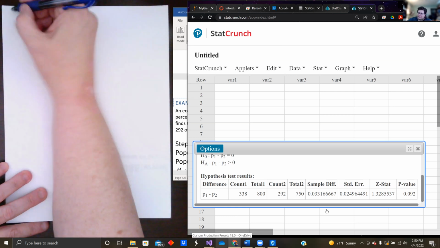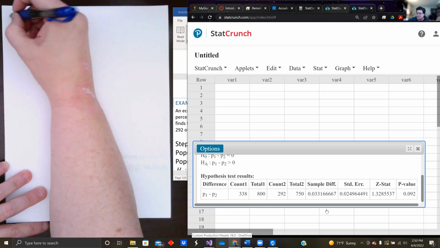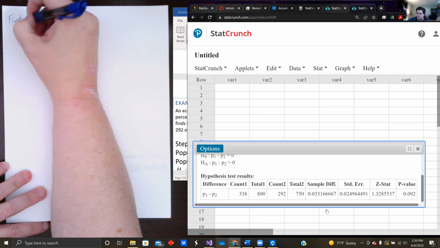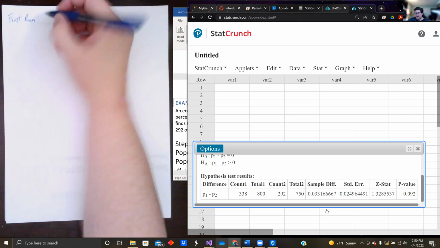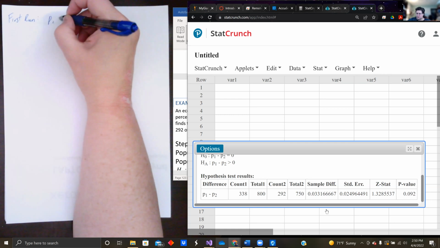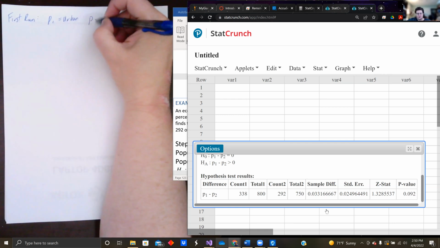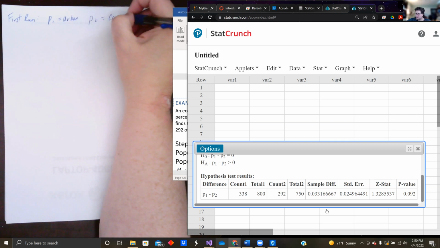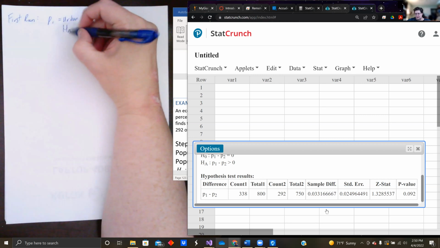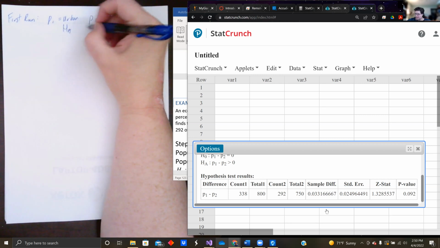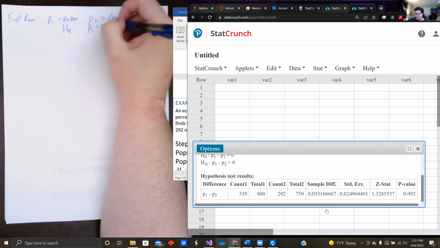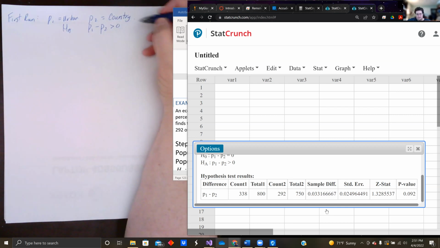So I'll just recap what we had there. First run through, we had P1 was urban, P2 was country or rural, HA was P1 minus P2 was greater than 0.